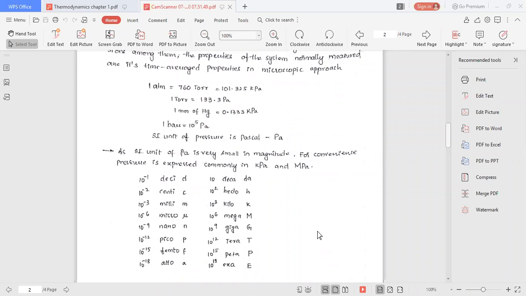Atto, madam. Right, atto. Good. Next, Jeevan. What is 10 power minus 1? Deci. What is the symbol for deci? Small d, ma'am. Small d, right.